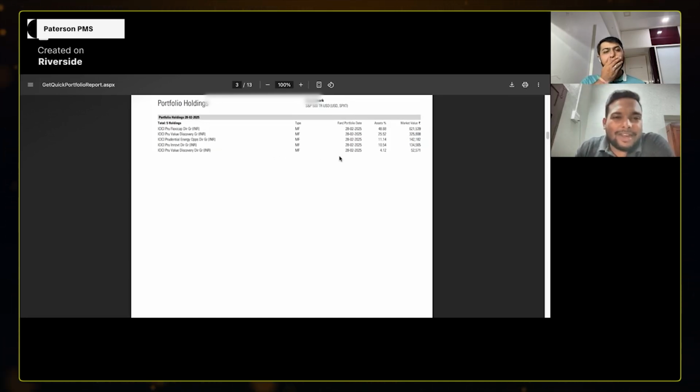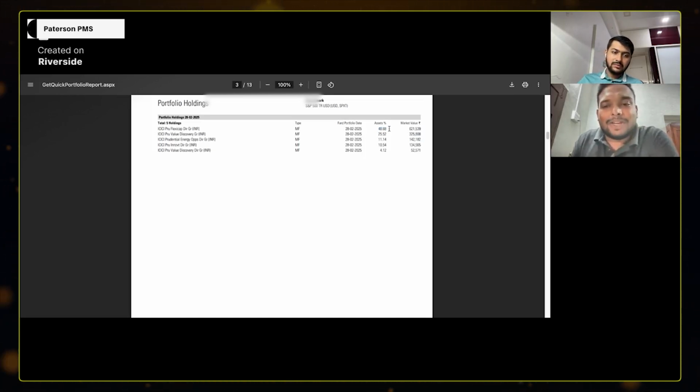Now the first big thing I find here is the asset allocation. How much amount he has invested in each fund should be seen in terms of percentage. In the ICICI Prudential Value Discovery Direct Fund, he has invested just 4%. In the ICICI Pru Innovation Fund, he has invested 10%. He himself doesn't know, one single fund is carrying around 15% of assets.